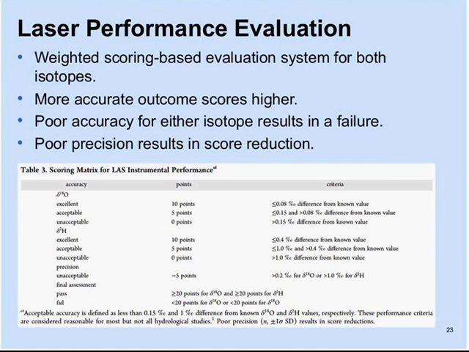Just as an example, for 018, we're saying excellent performance would be less than a 0.08 per mil difference from the known value. Acceptable still, given that we know the laser's 018 performance is perhaps not as good as IRMS, is somewhere between 0.08 and 0.15 difference from the known value. But we draw the line at 0.15 per mil. If you can't be within 0.15 per mil of the known value, then we would consider that unacceptable performance.